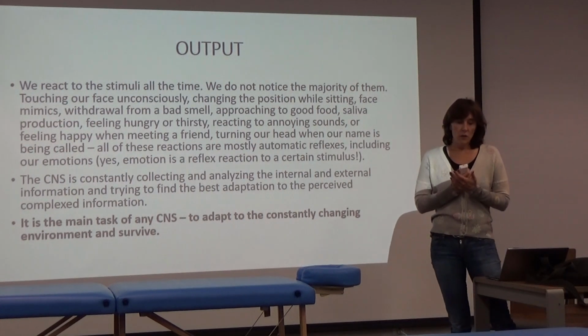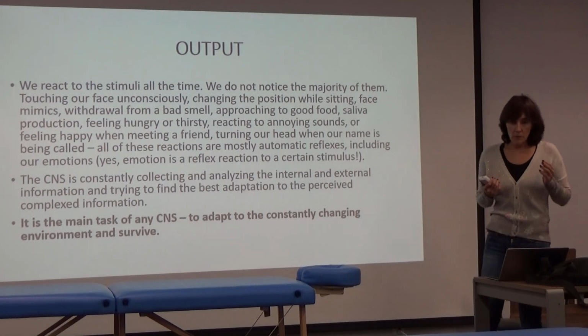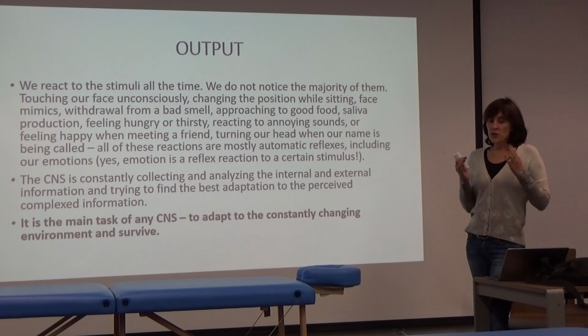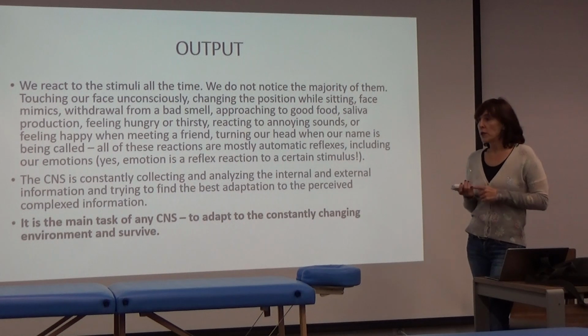We react all the time, but it's different how we react consciously and how we react subconsciously. We are doing hundreds of different gestures during talking, during sitting, during learning.